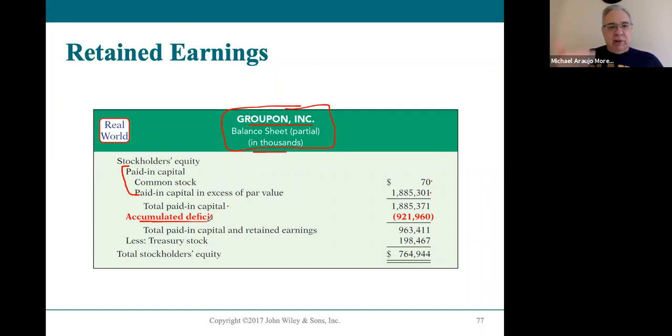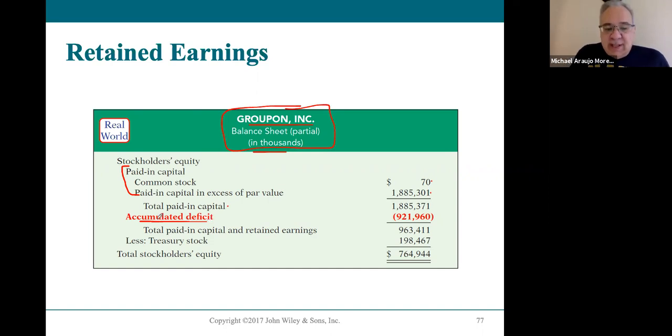So who covers the losses? The owners. The same thing. The owners benefit when the company is profitable. That makes them richer. However, when a company loses money, only the owners can cover the loss. Okay.